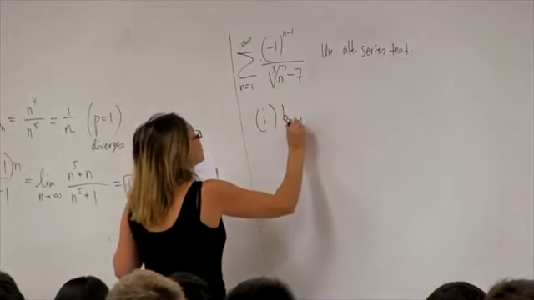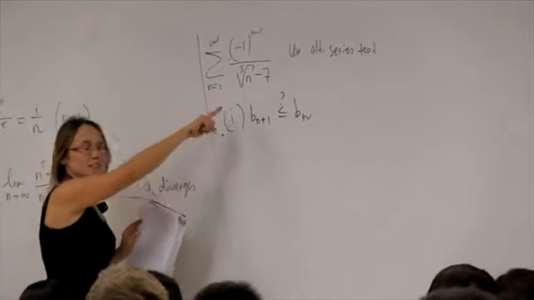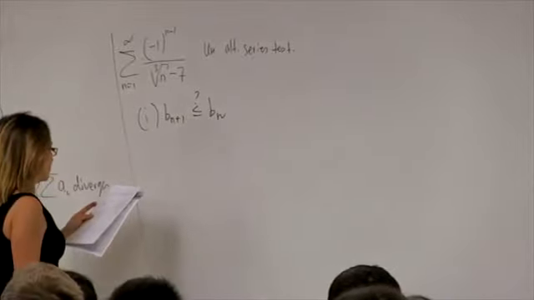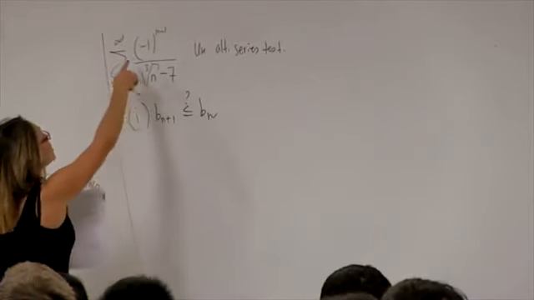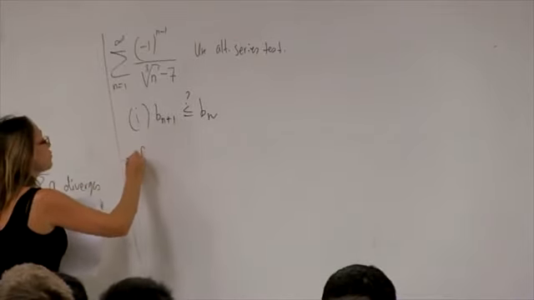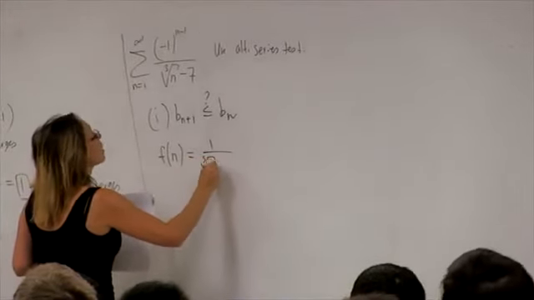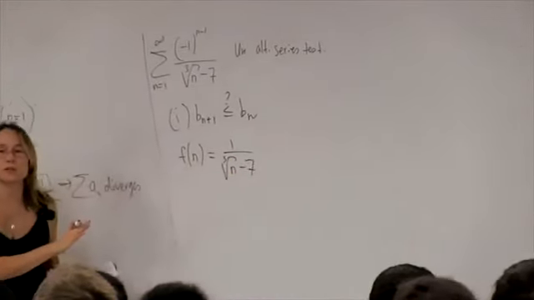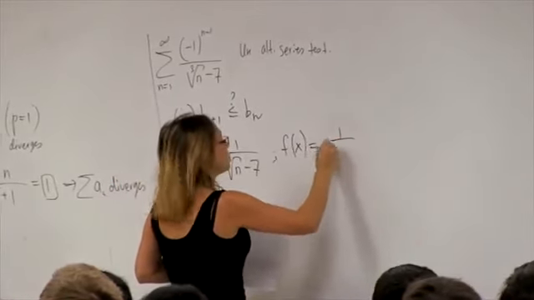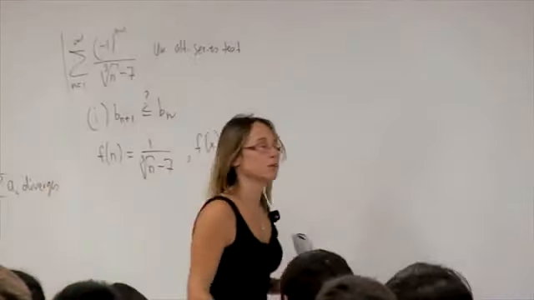So we have to look at Bn plus 1 and show that it's less than Bn. As you can see, this involves a function which looks like this. So all I need to do is to calculate the derivative of this. I'm going to rewrite this as a function of a continuous variable and use the tools of continuous analysis to help me reason about the behavior of this function.